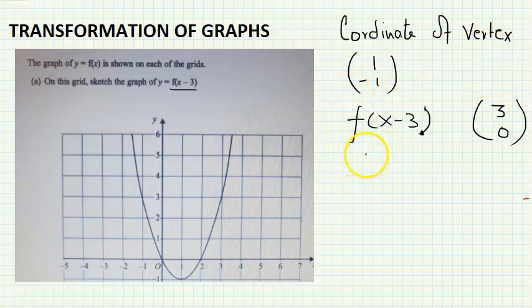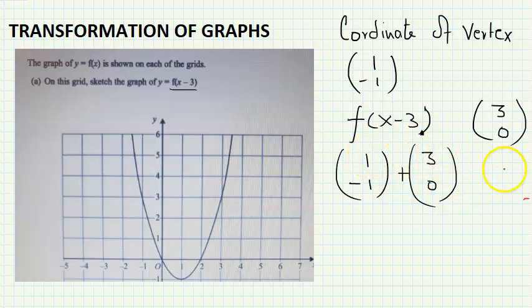So our resultant coordinate will be 1 minus 1 plus 3 and 0. So 3 plus 1, that is 4, minus 1 and 0 is minus 1. So the new coordinate of this figure will be 4 and minus 1. And this is going to be the figure.